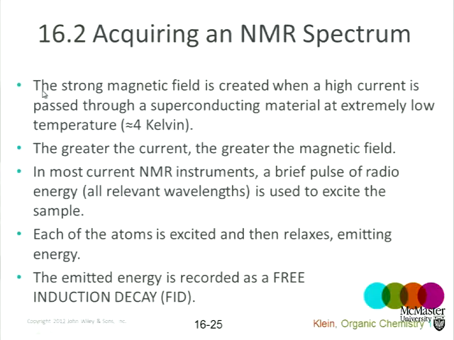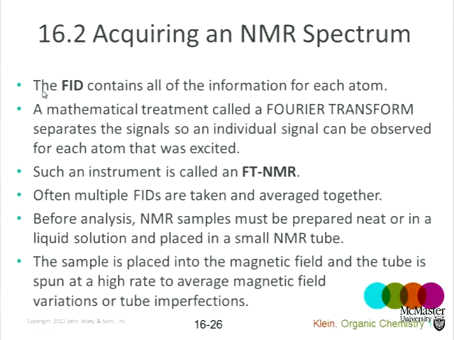Okay, and in fact, all spectrometers these days use pulse NMR. We pulse with radio frequency of a mixture of wavelengths. We excite all of the different nuclei in the sample at once, and then we use a computer to resolve the resulting free induction decay, or FID, and all of that stuff really is just practical stuff that relates to high-tech NMR machines.